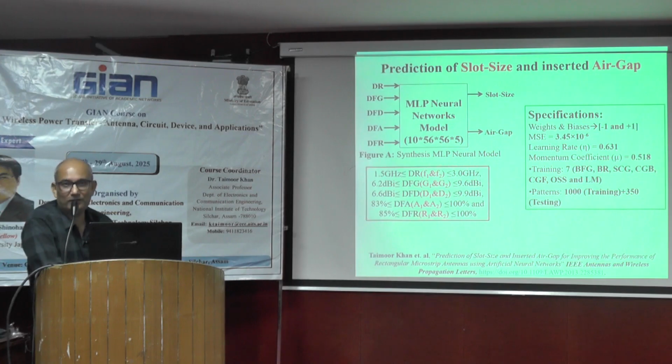For that you are doing the machine learning modeling. Then certain weights and biases we have optimized between -1 and +1, mean square error, learning rate, momentum coefficient, algorithm, then patterns 1000 plus for training and 350 for testing.